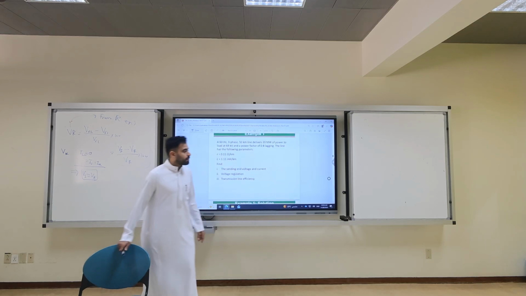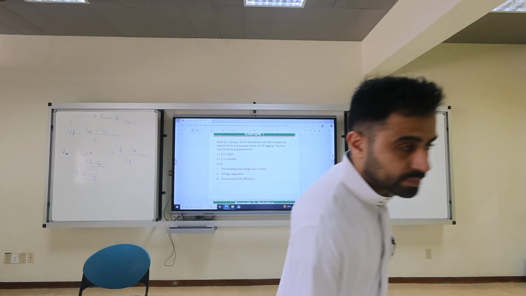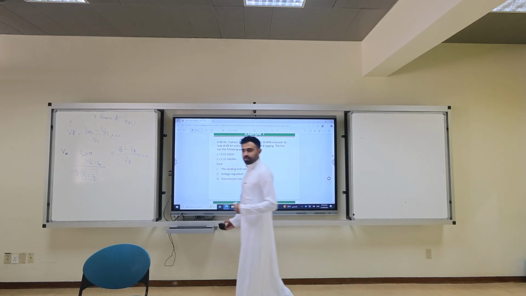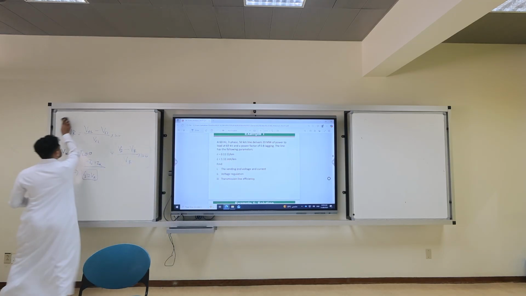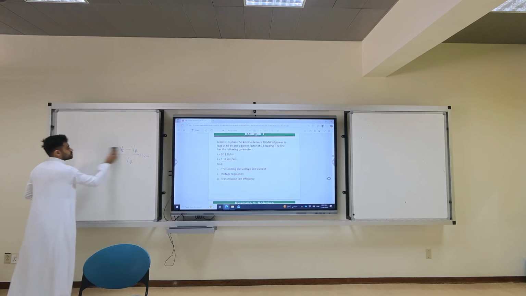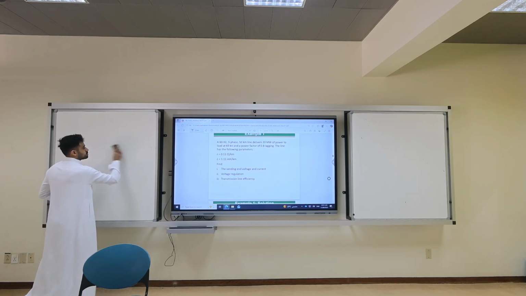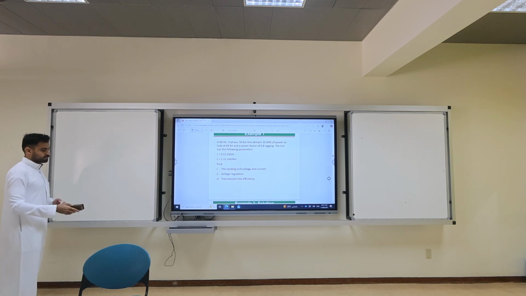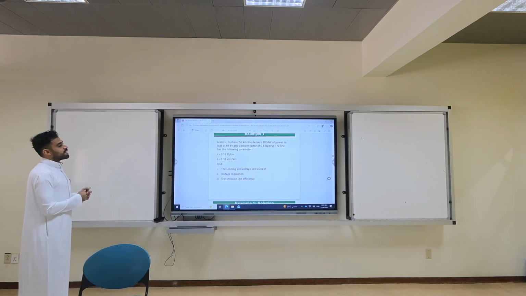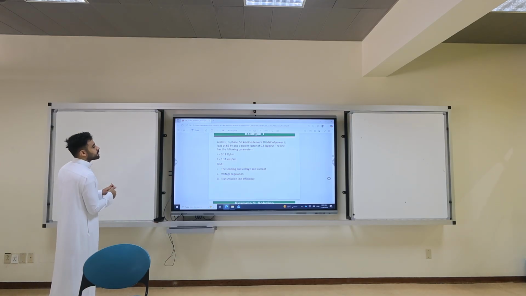Let's do this example by hand. A 60 hertz, 3-phase, 50-kilometer line. So we have the source, the length of the line is 50 kilometers, and then we have a load.